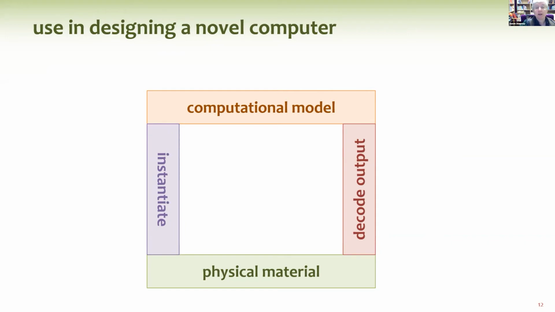We have to design each of these four arms such that the total square sufficiently commutes, and then we have the novel computer. And this design process can often start from either a material first or a model first approach. A material first approach is: I've got a material and then I've got to find the other three arms such that I can say that it's computing.